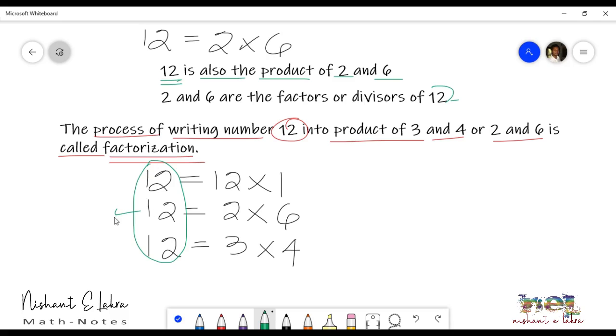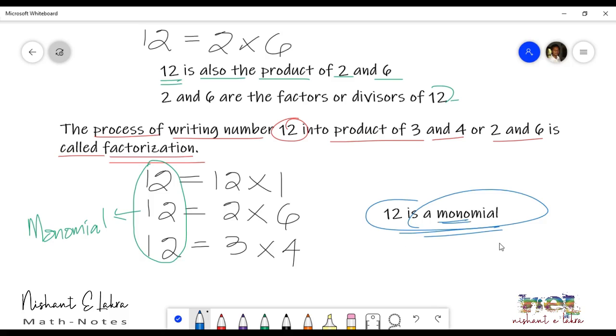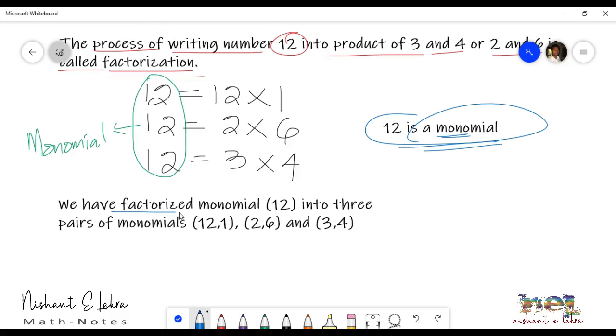You know that 12 is a monomial. We have factorized monomial 12 into 3 pairs of monomials. First pair is 12 and 1, second pair is 2 and 6, third pair is 3 and 4.